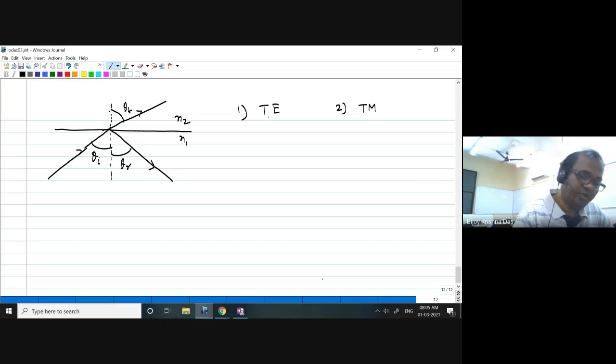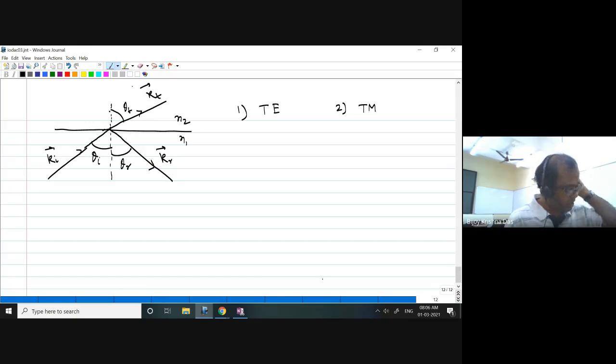When we call TE, the electric field is perpendicular to the screen, and when we call TM, the magnetic field is perpendicular to the screen. And these are the propagation directions we defined: KI, KR, KT. We can put a vector sign.